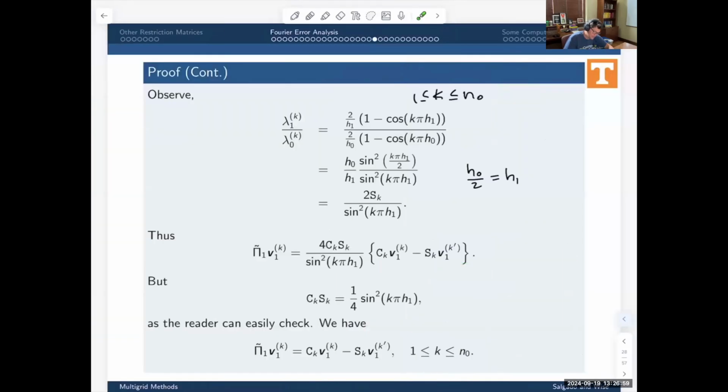Then I recognize that through the half angle identity formula, sine k pi h1 is equal to 2 sine k pi h1 over 2 times cosine k pi h1 over 2.